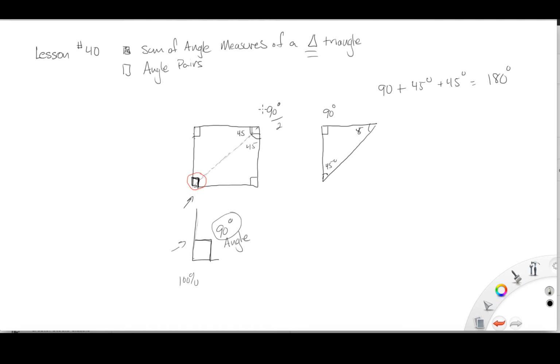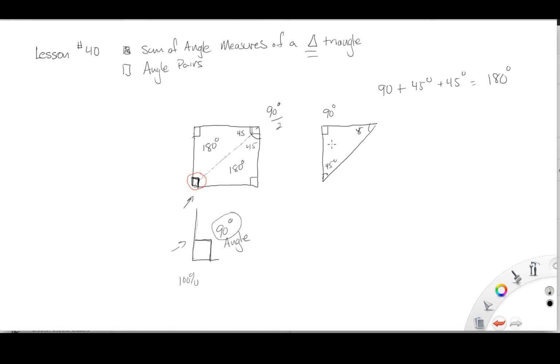Now here's something really important for the rest of your math career: the interior angles of a triangle always equal 180 degrees. All right, so any triangle's inside angles always equal 180 degrees. Okay, so literally we have 180 degrees on this side, and we have 180 degrees on this side.